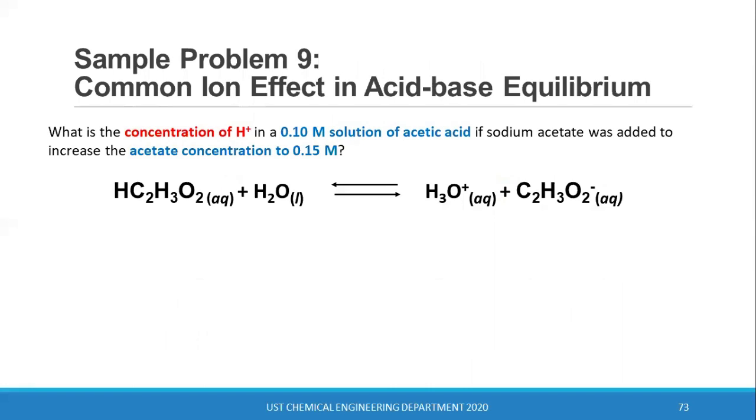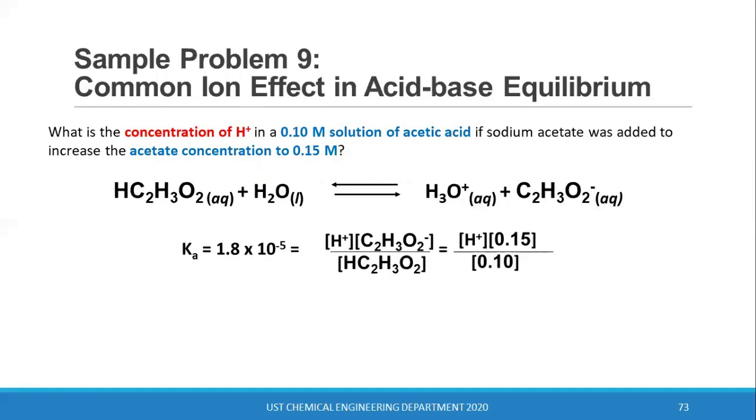Since we are dealing with buffers, you can also use the Henderson-Hasselbalch equation to check. In this solution, we will use the Ka expression to solve for the H plus concentration. Substituting the values will result to H plus concentration of 1.2 times 10 to the negative 5 molar.